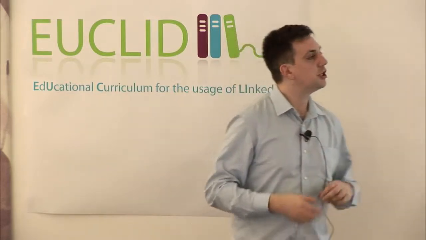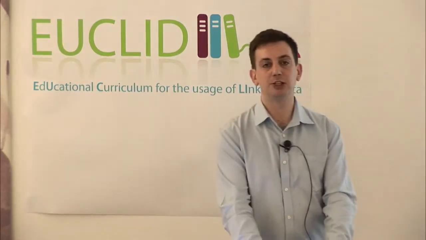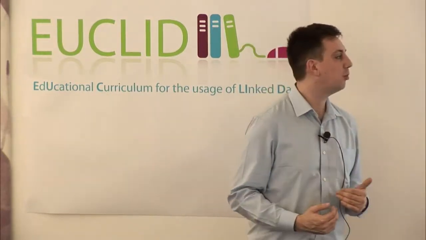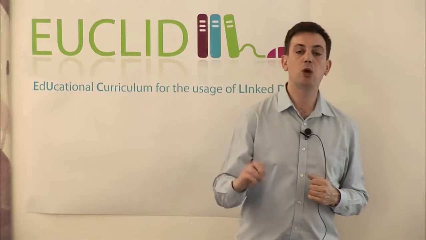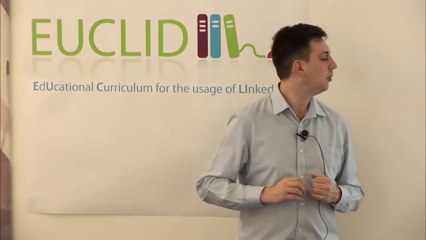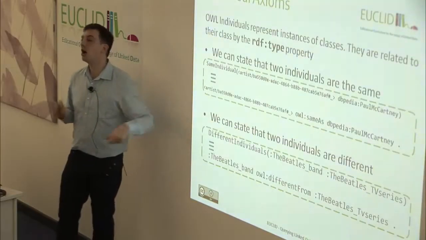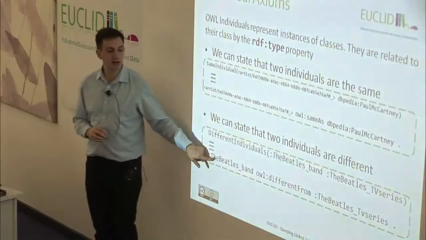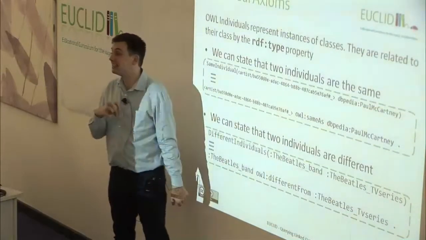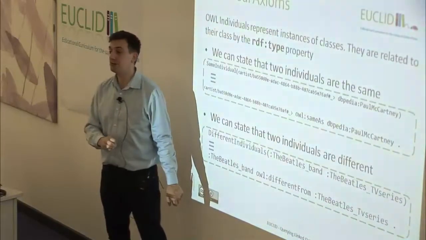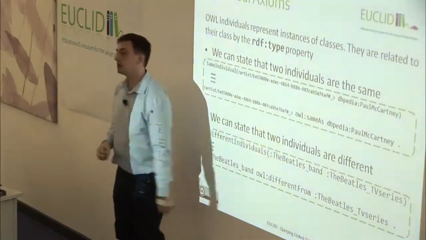Okay? So just as we had the positive version and the negative version before, we have the same thing with this equality between individuals. We can also, in OWL, assert that two URIs can't represent the same thing. So we could say that the Beatles as a band is a different resource, is necessarily representing a different thing from Beatles TV series URI.